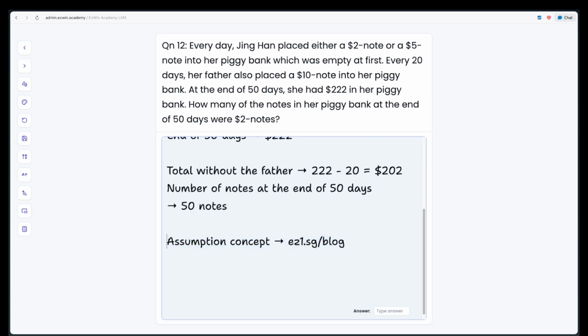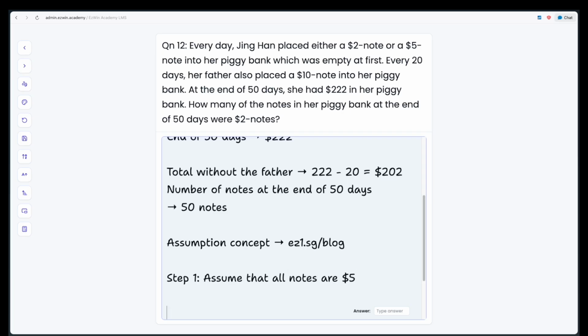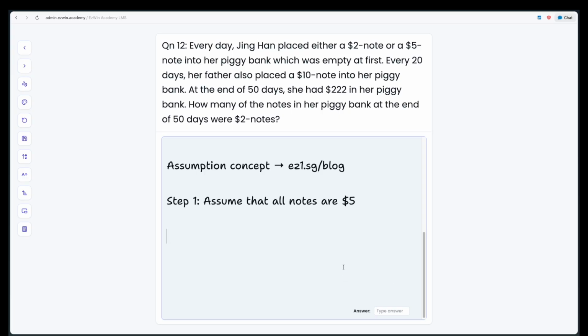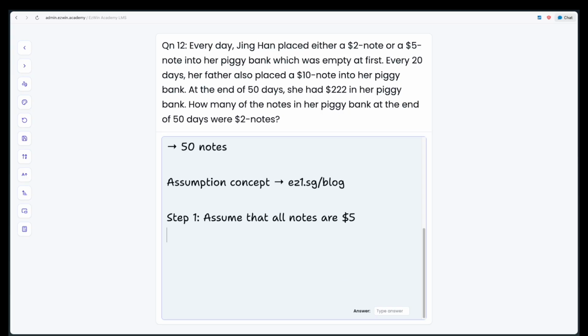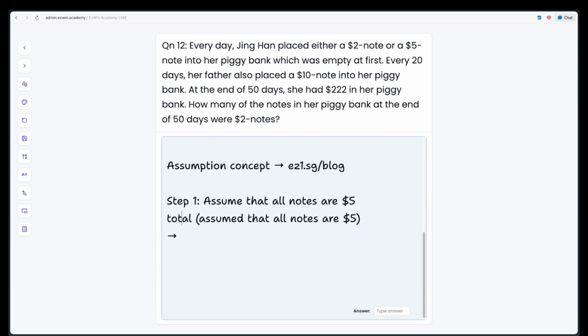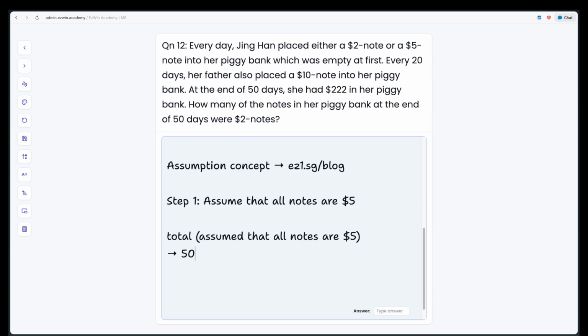Step 1, basically we assume that all notes are $5, and then we get the assumed total. In this case, we have 50 notes times 5, which is $250.